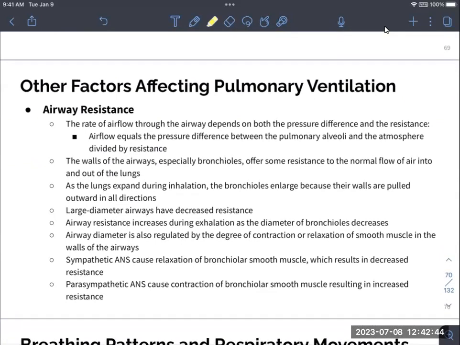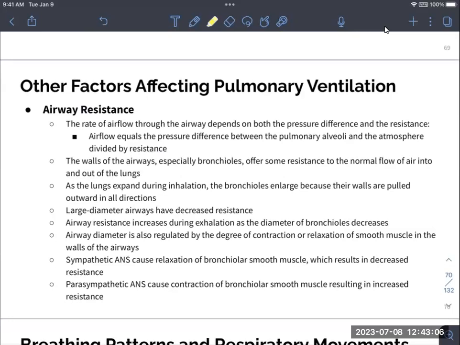Airway resistance is going to play a role in your breathing. It's kind of similar to how we talked about it a little bit in the blood vessel chapter.